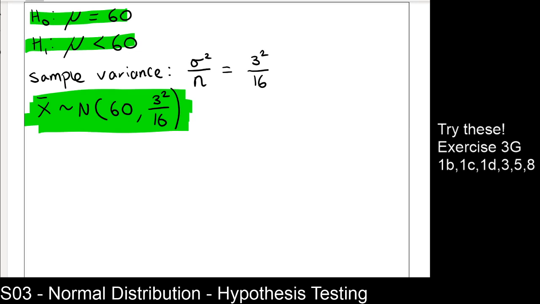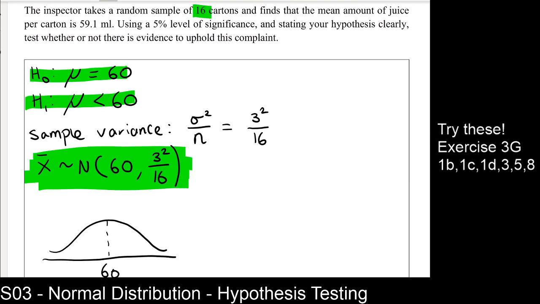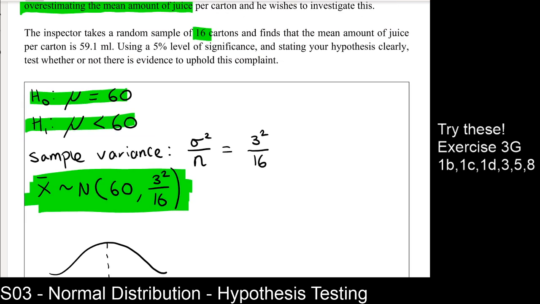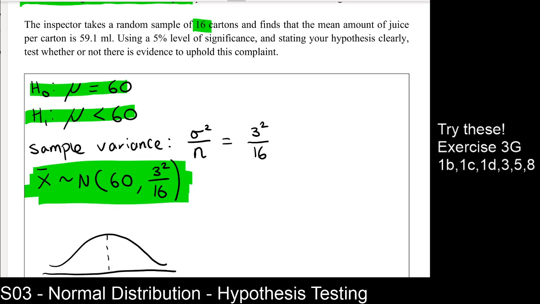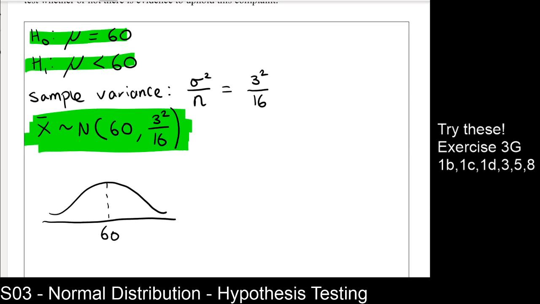Now, what I'm going to do next is draw a little diagram. So if we've got a mean of 60, we've got our sample variance of 3 squared over 16. And what we're testing is that in our sample, we find that the juice is actually 59.1. So that's clearly less than 60. But what we want to see is how significant that is.